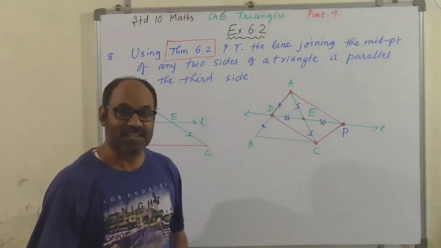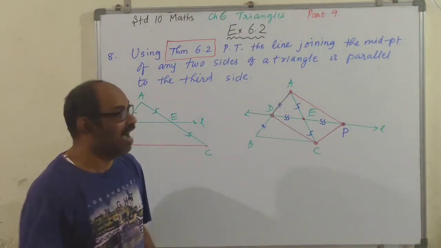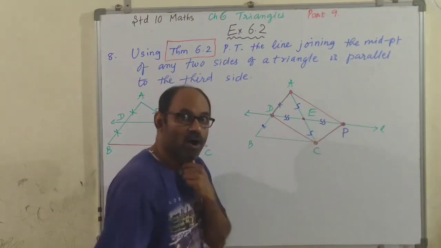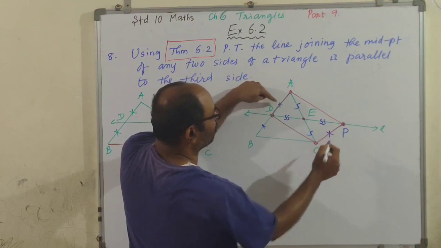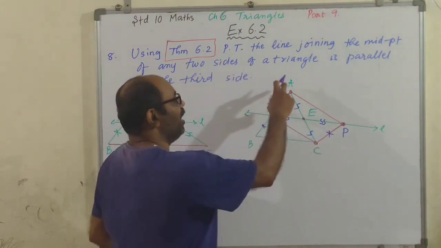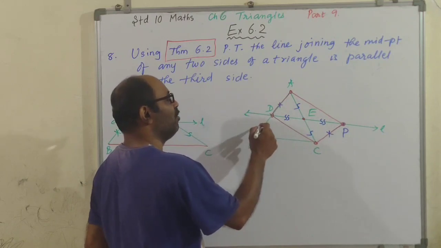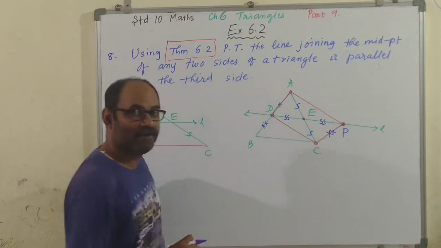So this quadrilateral is a parallelogram. So AD will be equal to PC. Opposite sides are equal. Now AD I marked with a cross, so this is also a cross mark. AD equal to PC and AD equal to BD. So now you got BD equal to PC. These two are equal.